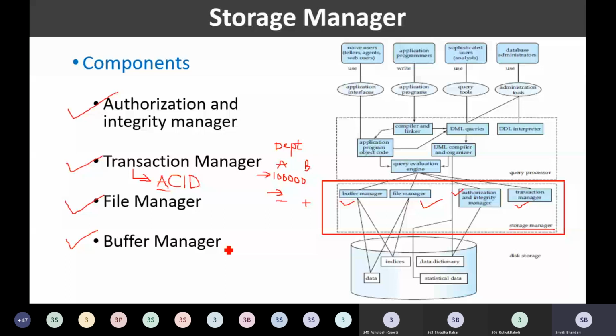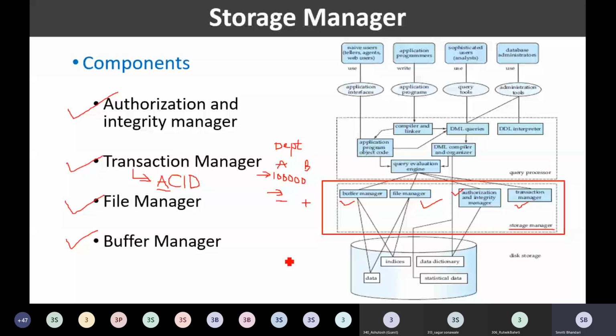Just try to recollect the concept of buffer manager from the operating system. In database systems, we are having the buffer managers and they are having similar tasks to those in operating systems.